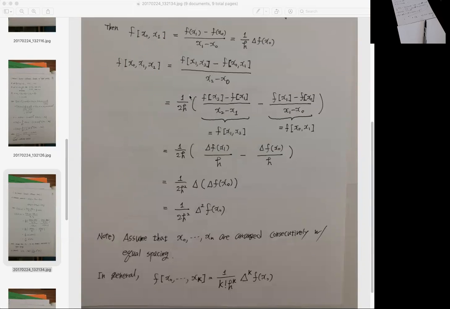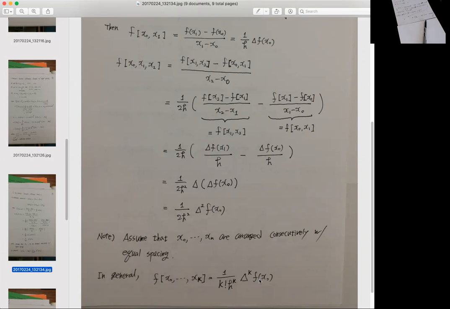In general, we can say that the divided difference of f at x0 through xk is 1 over k factorial h to the kth power times nabla to the kth power of f of x0.